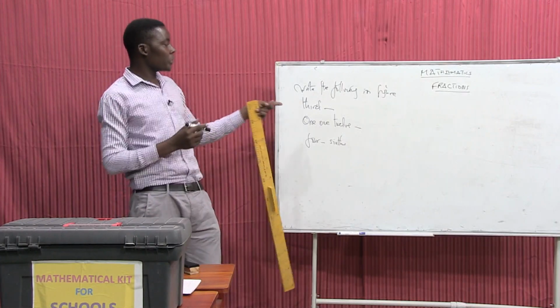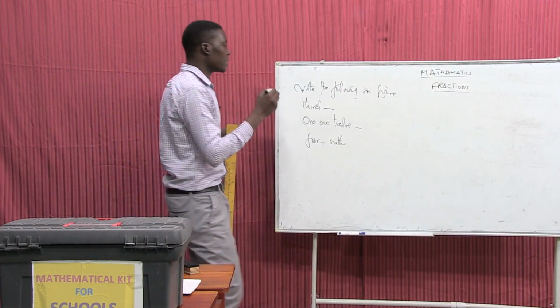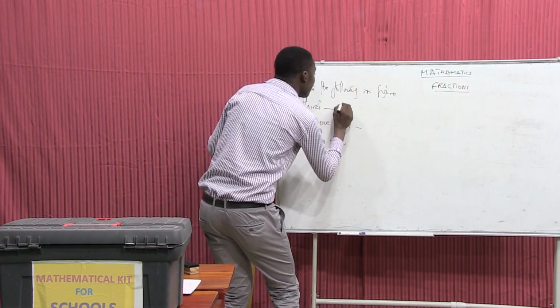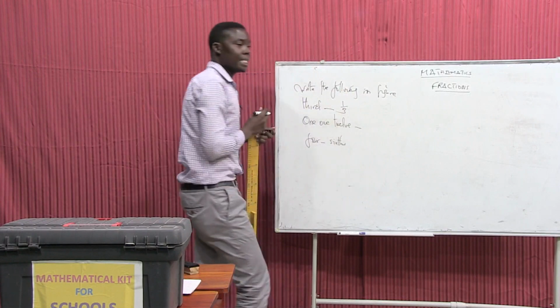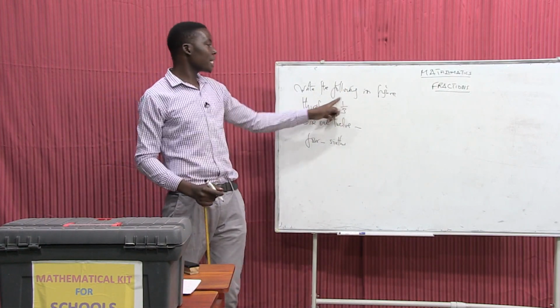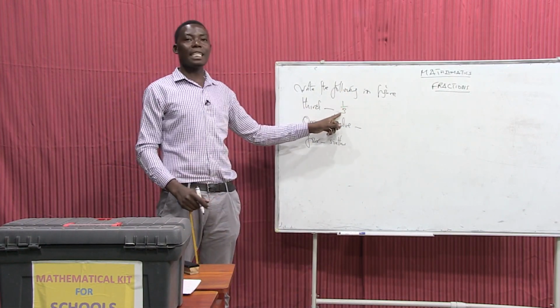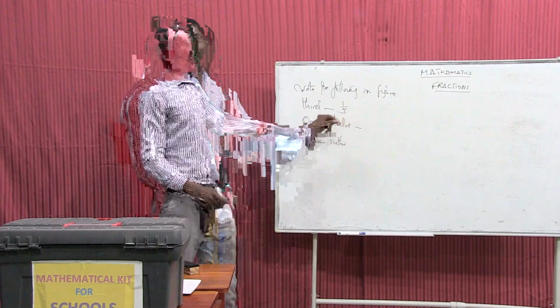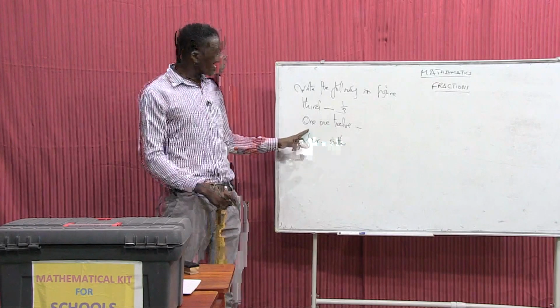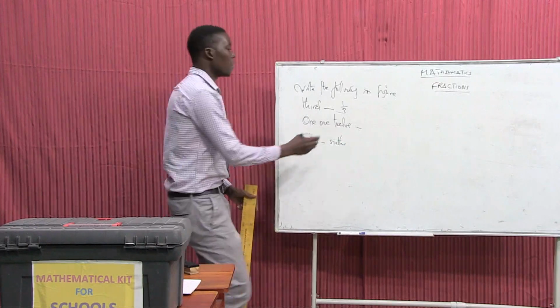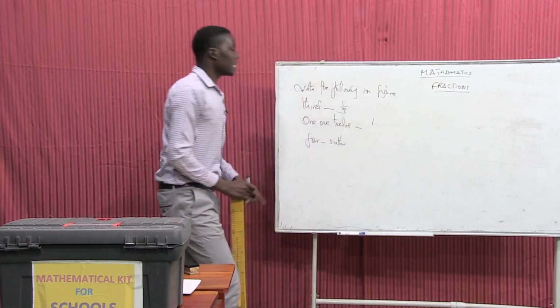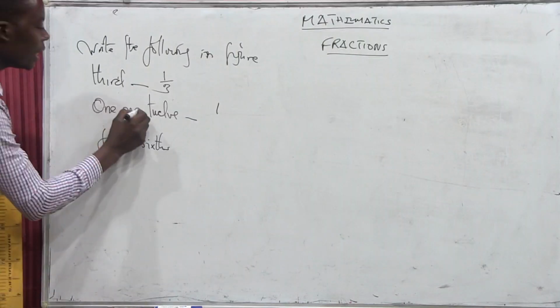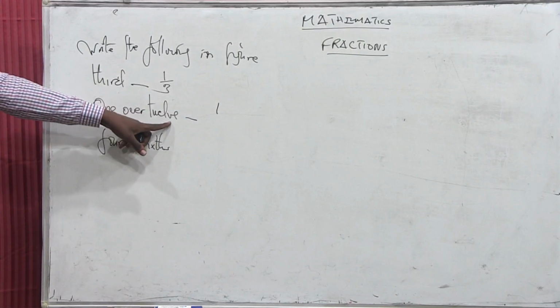A third is the special name of this fraction. As I said before, you can call this one a third or 1 over 3. 1/12: 1, the word over, 12.